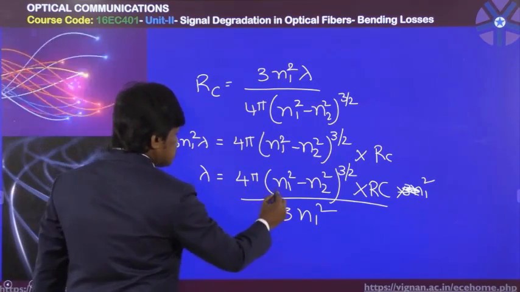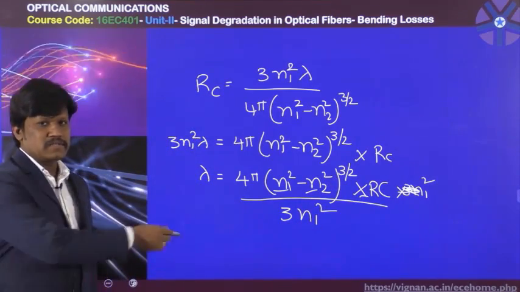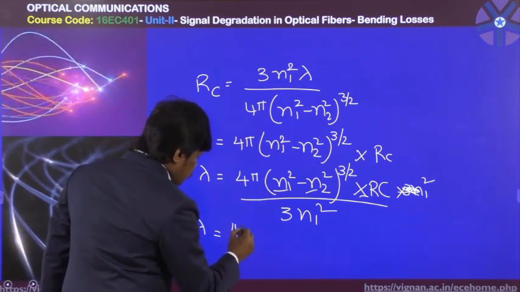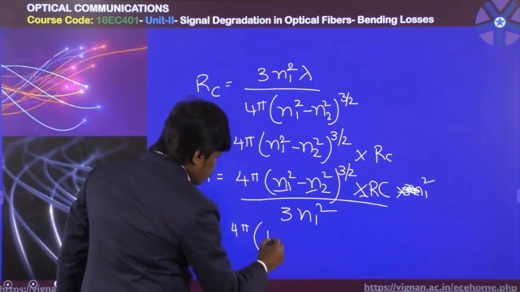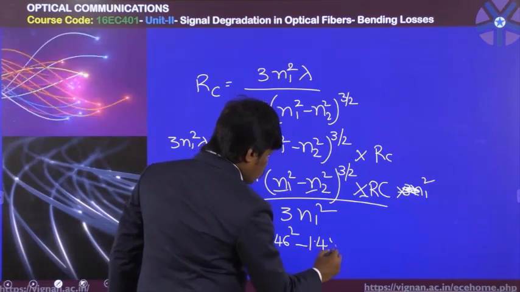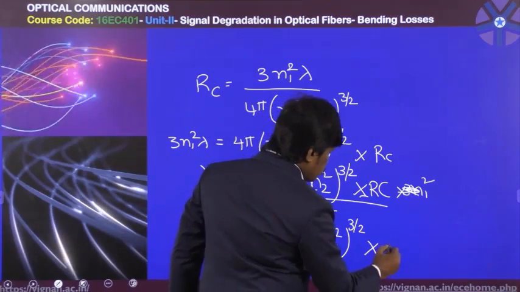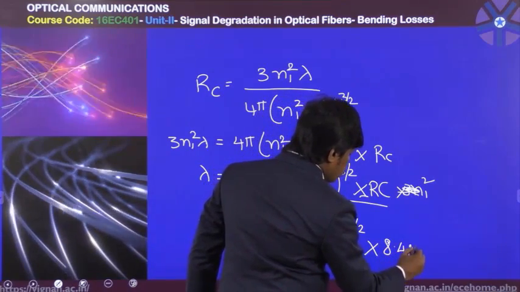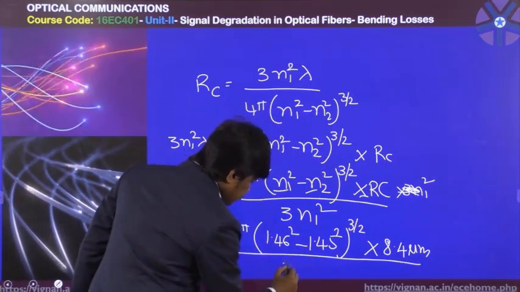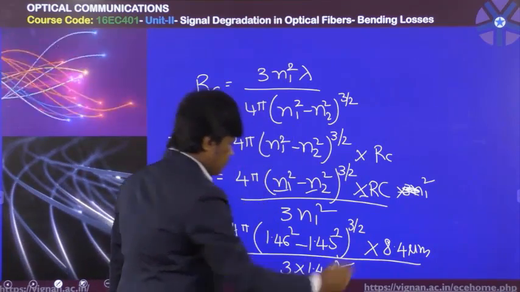Now, substitute these n1, n2 and RC values in this formula. Lambda is equal to 4 pi (1.46 square minus 1.45 square) whole power 3 by 2 into 8.4 micrometer by 3 into 1.46 square.